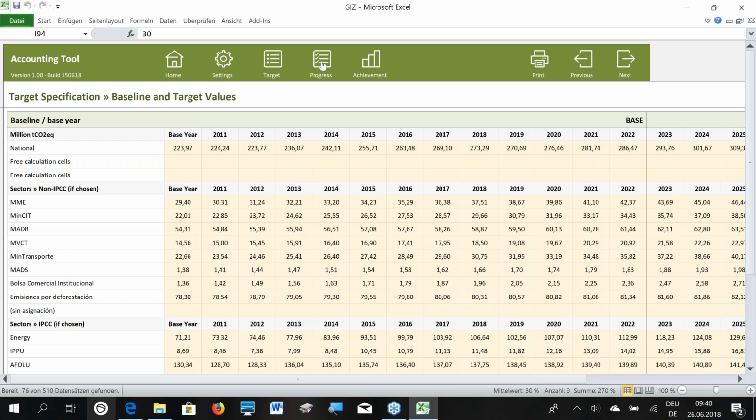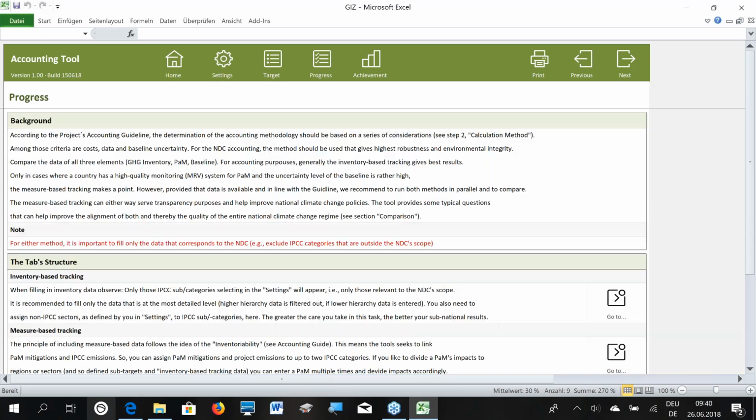We would then go to the next section, which is already on the progress. Just explaining shortly what we've done, or what is our suggestion in terms of this progress tracking, the accounting, is that you could also compare here different instruments.